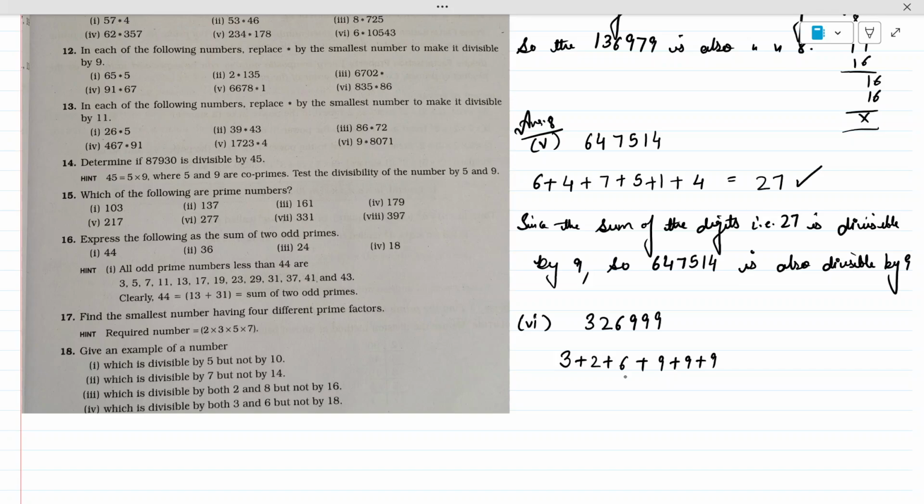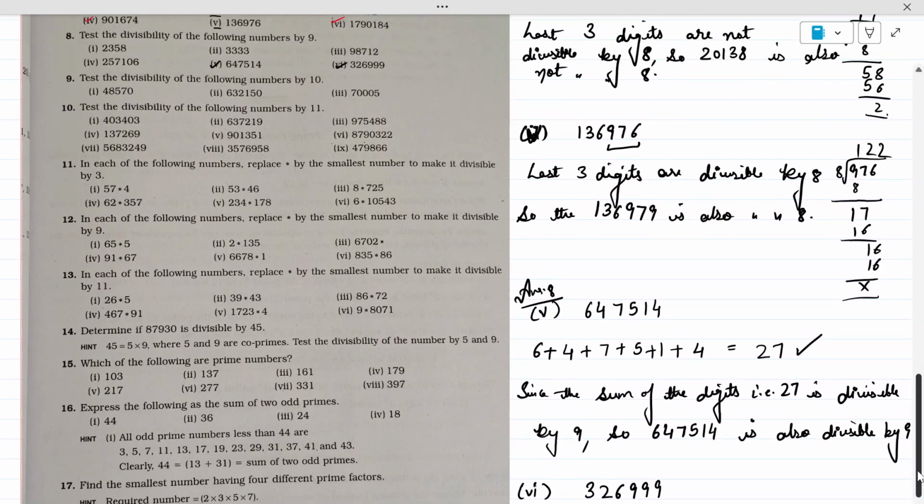Plus 6 is 33. 33 plus 2 is 35, plus 3 is 38. So we get this number, and we know that 38 is not a multiple of 9. It is not divided by 9 completely. So this number is not divisible by 9, right?